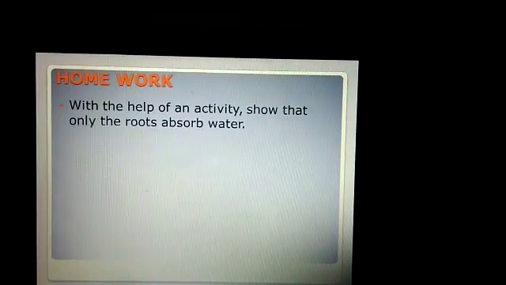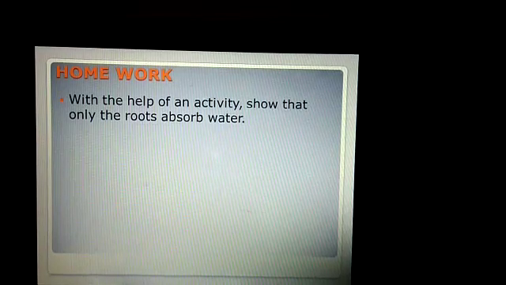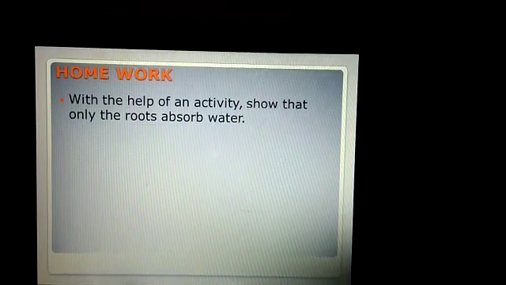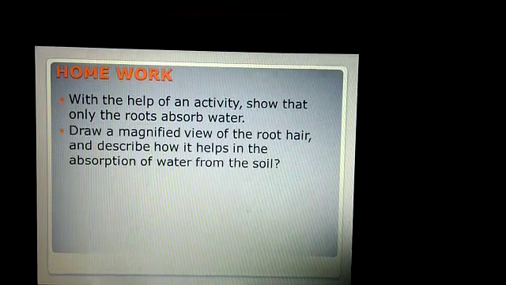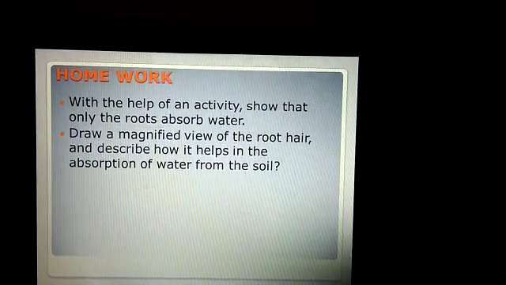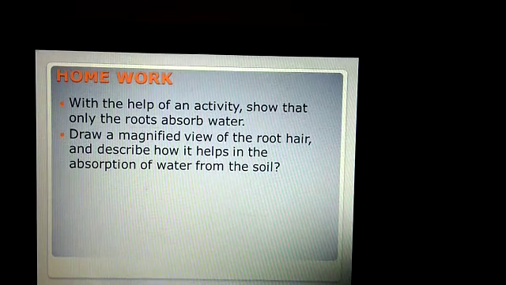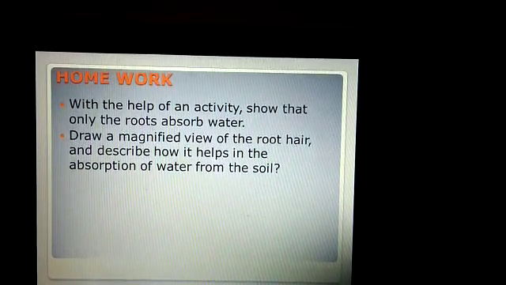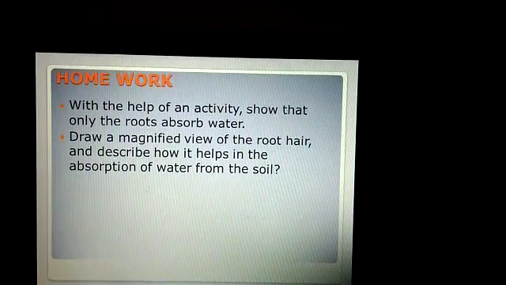Next is today's homework. Question number 1. With the help of an activity, show that only the roots absorb water. Next question. Draw a magnified view of the root hair and describe how it helps in the absorption of water from the soil.